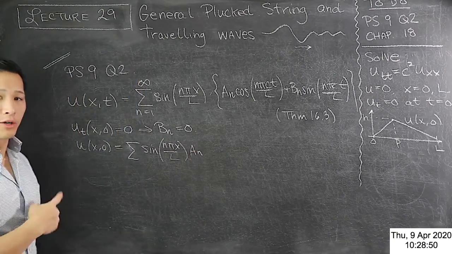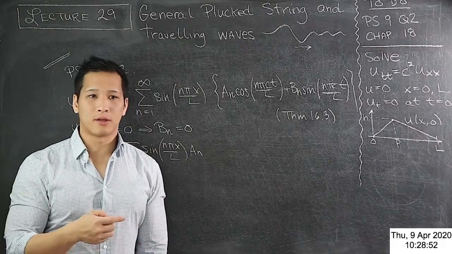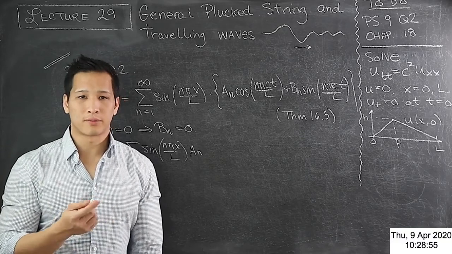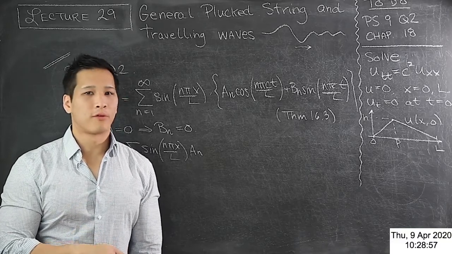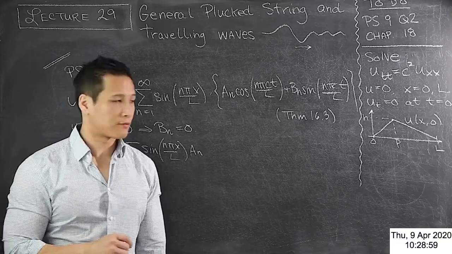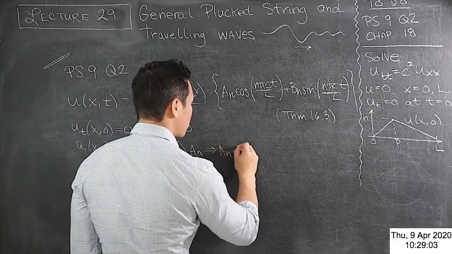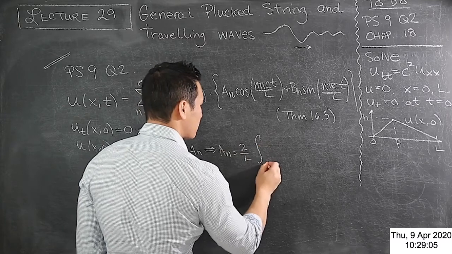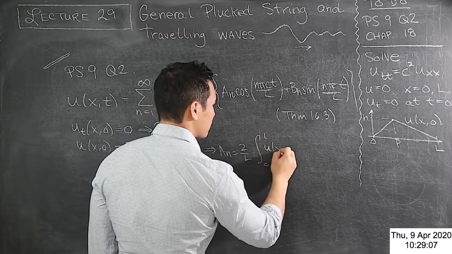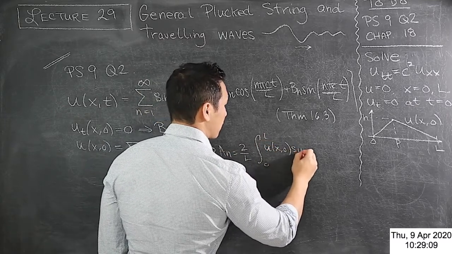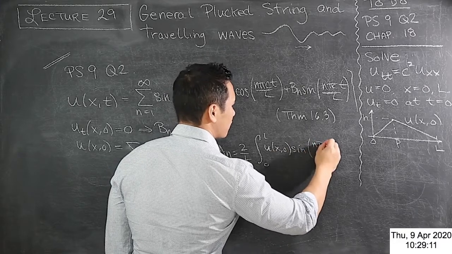So from that, you would conclude that the a_n's are just the Fourier sine series formula for the odd extension of the function. So you get that a_n is 2 over L times the integral from 0 to L of the initial condition times sine of n pi x over L dx.